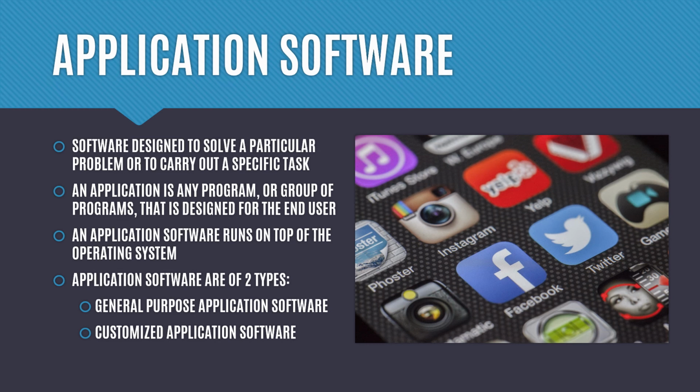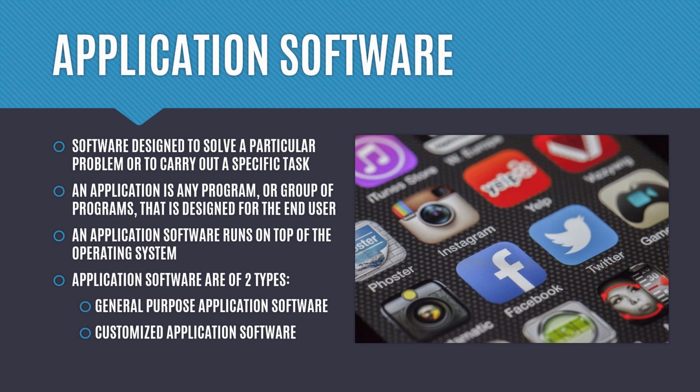Microsoft Paint, is it different for me? No, it's same for me, it's same for you, and it is same for everybody else. So general purpose application software are basically software designed to solve a particular problem, and they are standard applications which are same for everyone else.